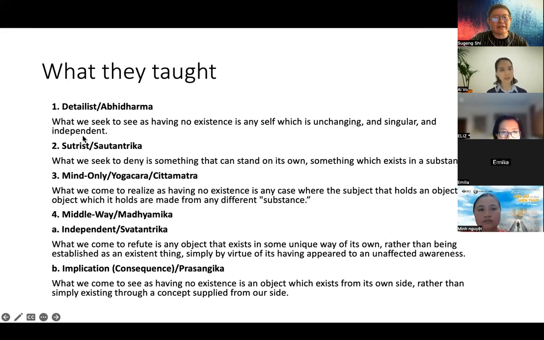Hinayana and the Mahayana. So the Hinayana, the detailists, we call it Abhidhamma scholar, the detailists, or Geshe Michael calls it the accountants. To them, the absence of gacha means what we seek to see as having no existence is any self which is unchanging, singular, and independent.